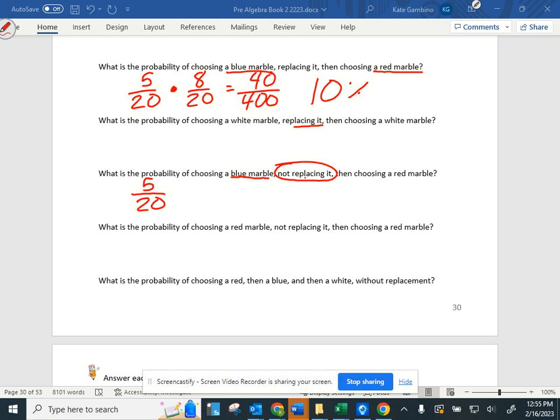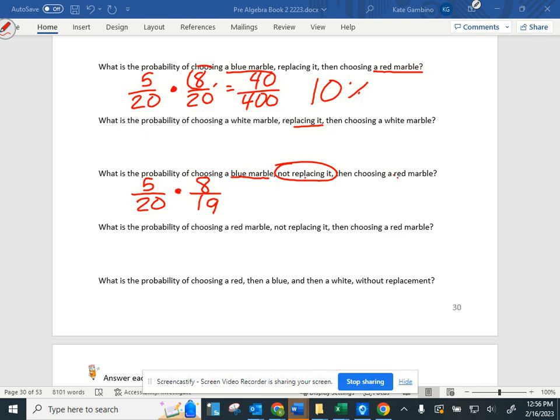Oh, why is it 8 out of 19, James? Because you took out a marble and you didn't replace it. So I still have that same number of red marbles, right? I still have 8 red marbles, but now there's not 20 in the bag. Now there's only 19 because I didn't put that blue one back in. I didn't change how many red were in there, but I changed how many total marbles there are.